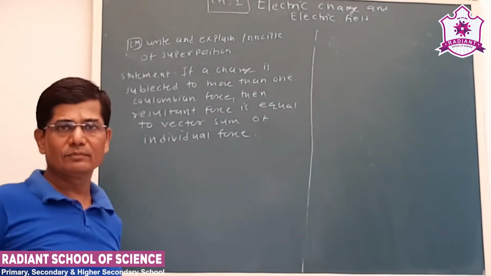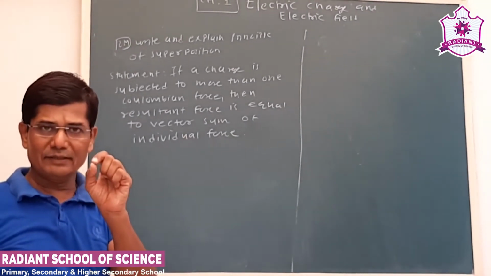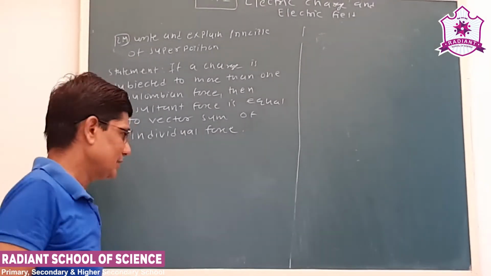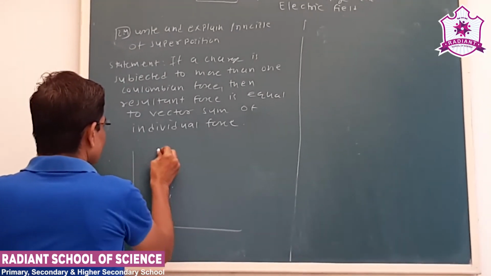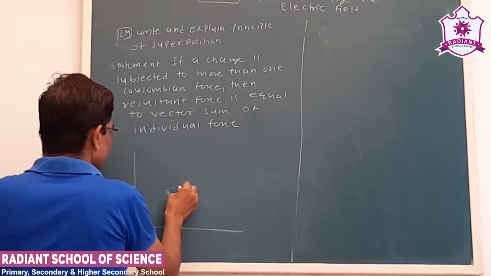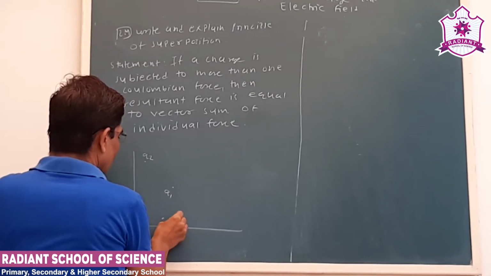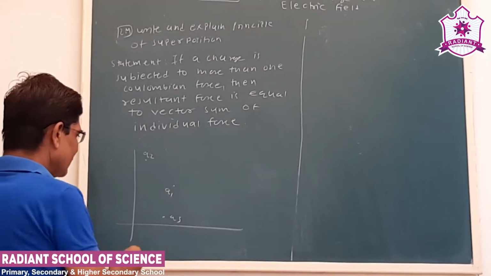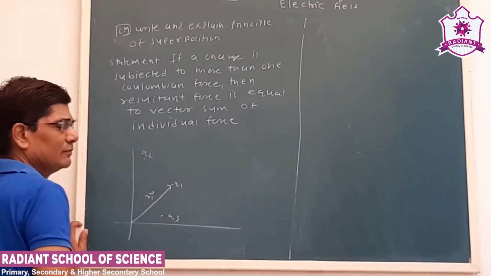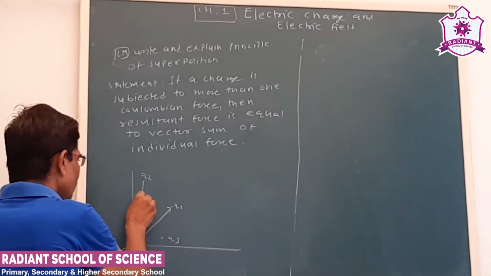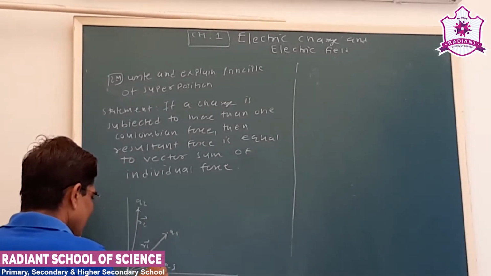Now we can have as many charges as we like, but we start with a simple thing: a system of 3 charges. Let us say we have Q1, Q2 and Q3. Q1 has a position vector R1 with respect to origin, Q2 has a position vector R2 and Q3 has a position vector R3.